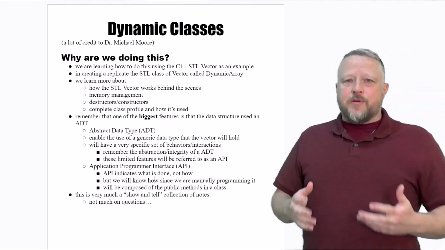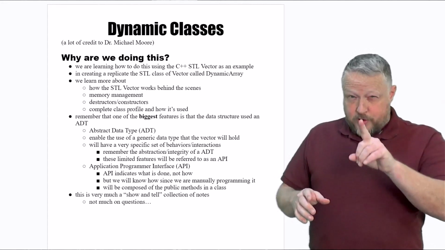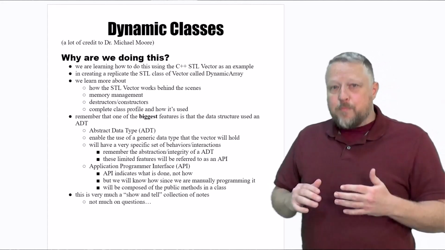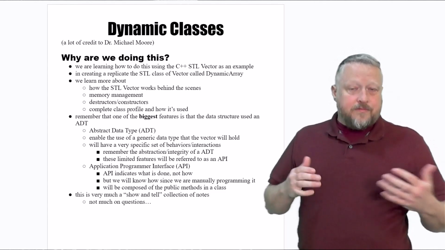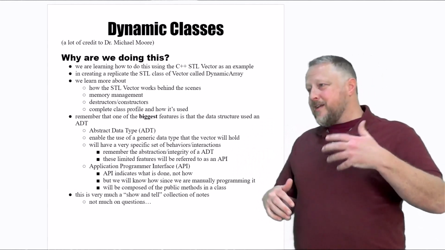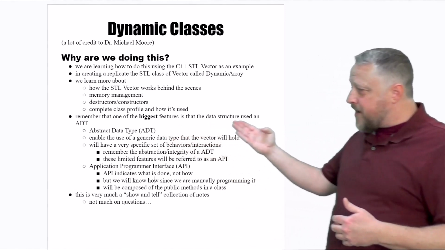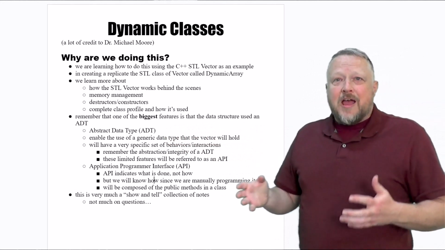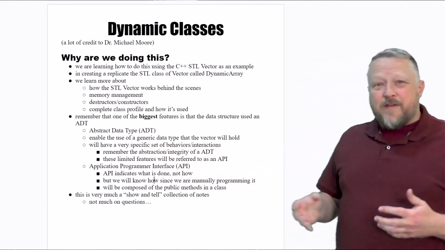Now, why are we doing this? We already showed you, and should have before you're watching this, the C++ STL version of a vector. We showed you some magic, how easy it is to use. We showed that it worked with an ADT, which is a data structure that can use any generic or custom data type that the vector would be able to hold.